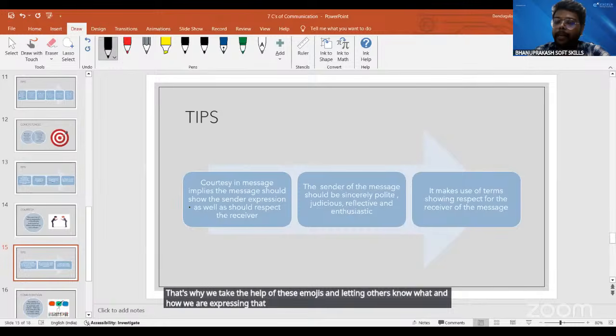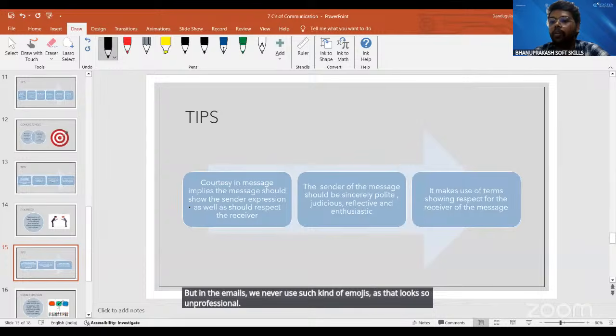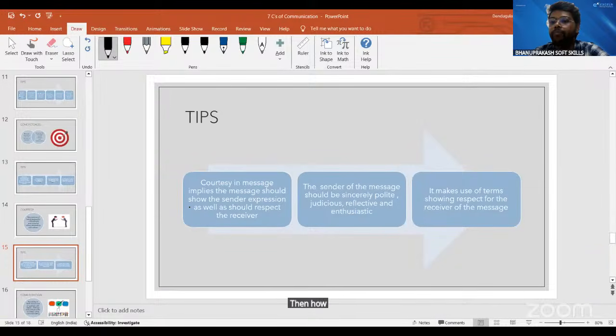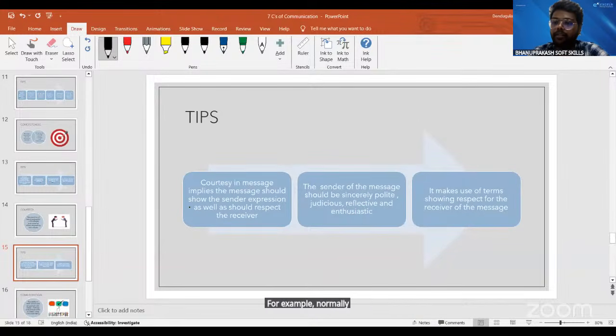But in emails, we never use such emojis as that looks so unprofessional. Then how can we express our emotions to them? By using courteous words itself. For example, while writing a letter, we normally write "yours faithfully," "obediently," and "respected."